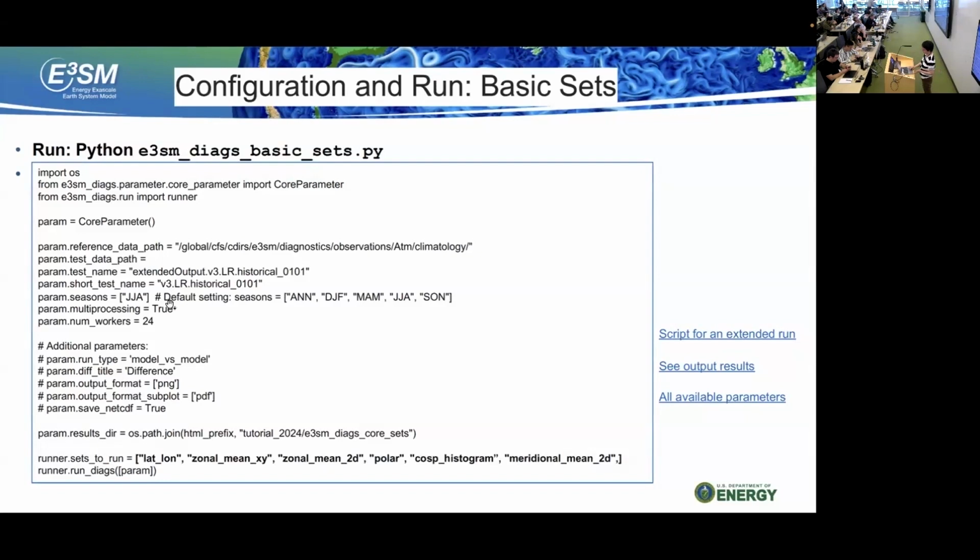You can specify season, the number of workers for multi-processing, and then call E3SM Diags to run with all the sets listed here. I also listed a much longer script for an extended run and linked it here. And I also provided the output results and all available parameters that you can use.